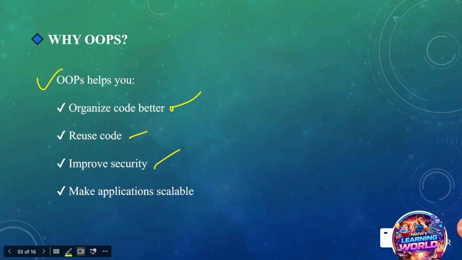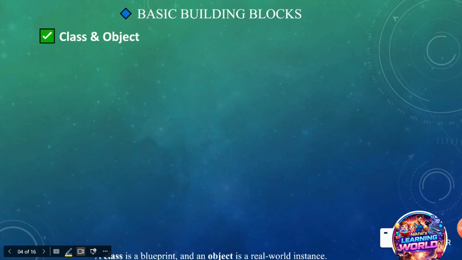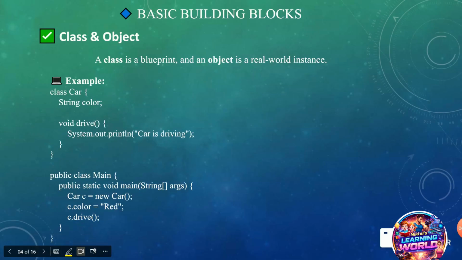The basic building blocks are class and object. A class is a blueprint and an object is a real world instance. For example, class Car, and a car has color, dimension, and model number.